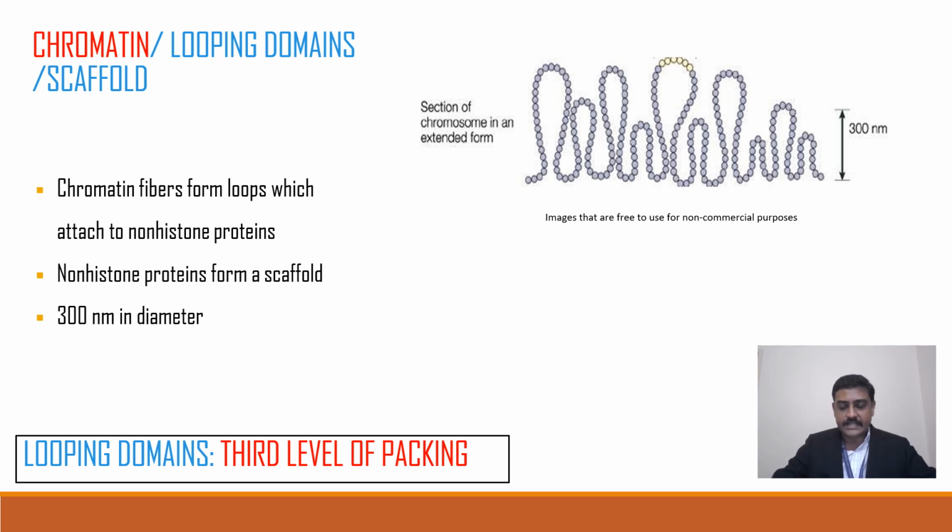In the earlier two scenarios, the folding of the DNA was achieved due to the activity of the histone proteins, whereas the third level of packing is achieved due to the activity of non-histone proteins, which provide the scaffold over which the chromatin fibers can fold as well as coil, establishing 300 nanometers of chromatin fibers, which represents the higher order structure of packaging of the chromosomes.